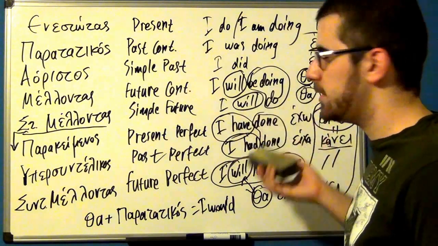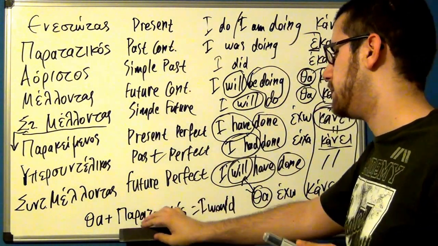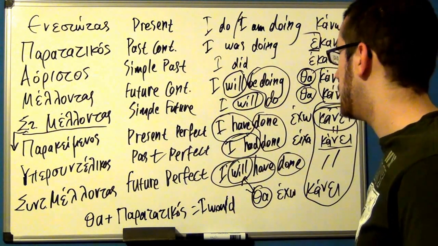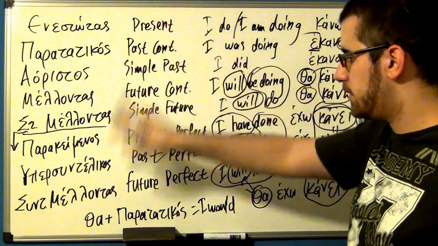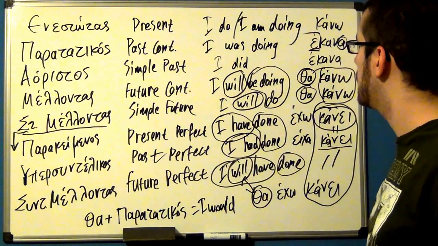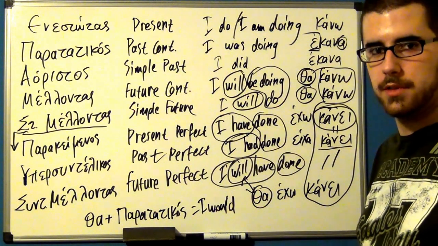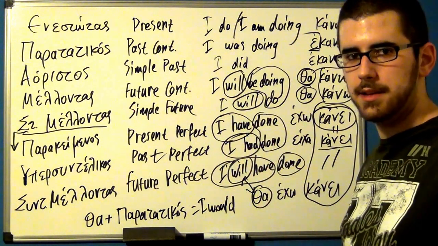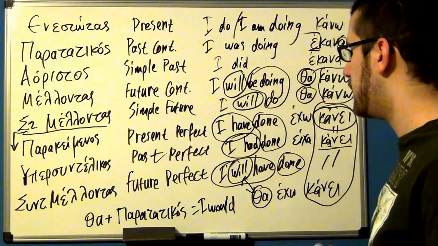Now, this is not a guide to conjugation. This is just an overview of the names of the tenses and everything. In the next videos, I'm going to start from the first and go to the last, and I'm going to show you the conjugations for 3 or 4 verbs, so that you can have an idea of how things work. So this is it, actually.